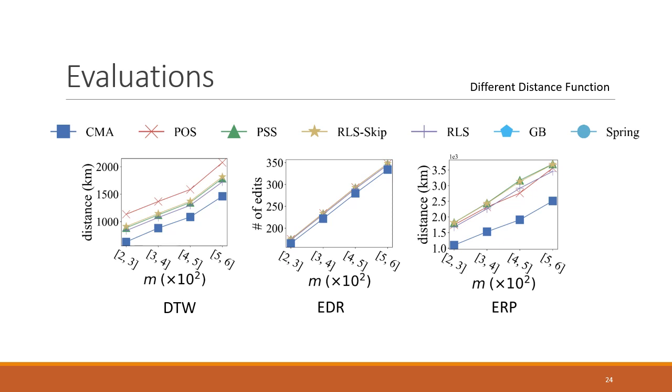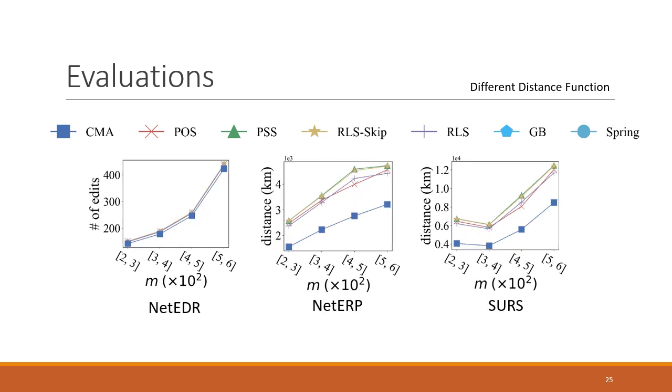It is because DTW allows different points in the query trajectory to match the same point in the data trajectory. Furthermore, the effectiveness of the approximation algorithms improves as the length of the query trajectory increases when EDR is used as the distance function.